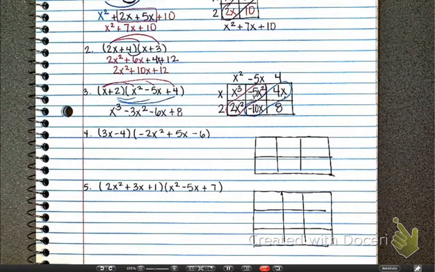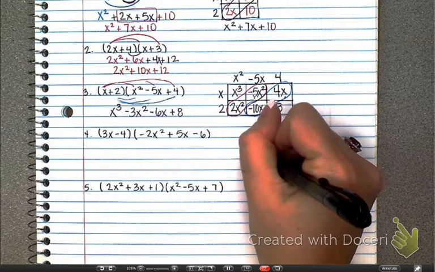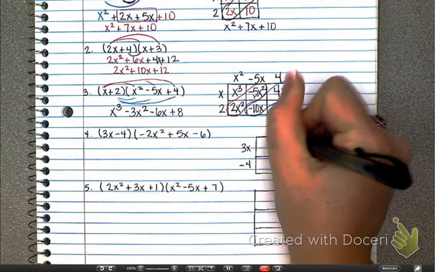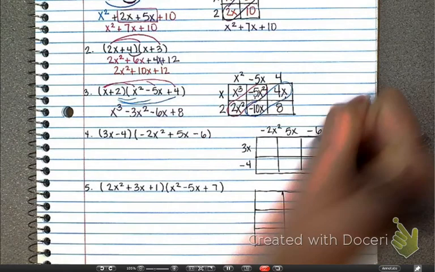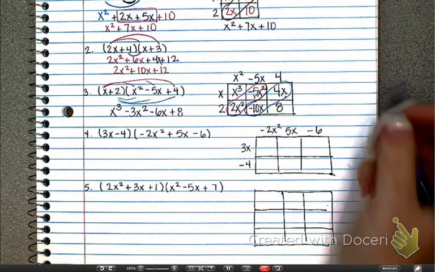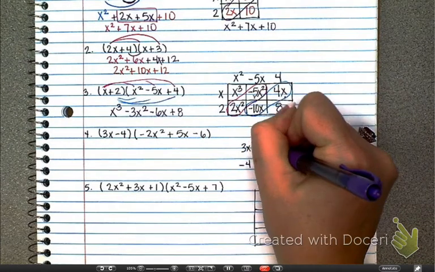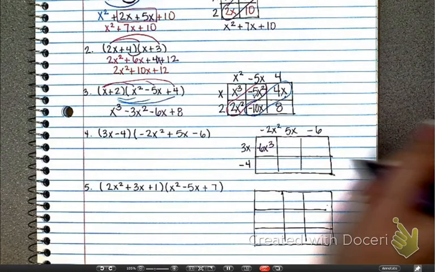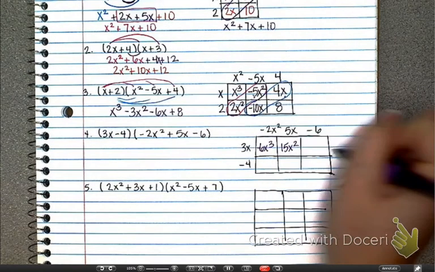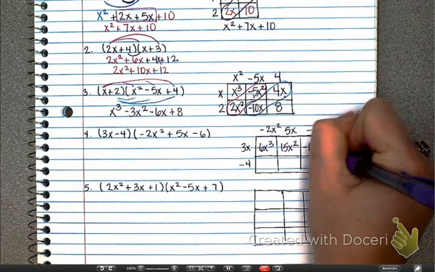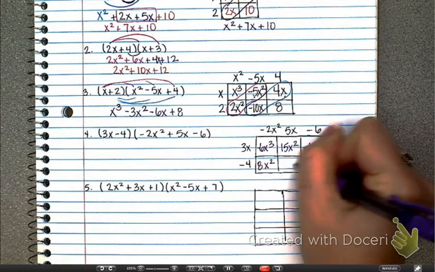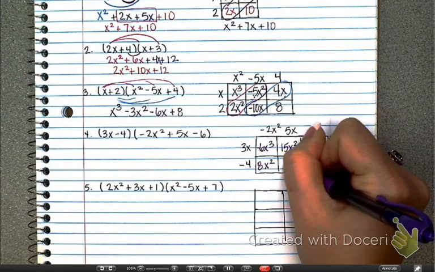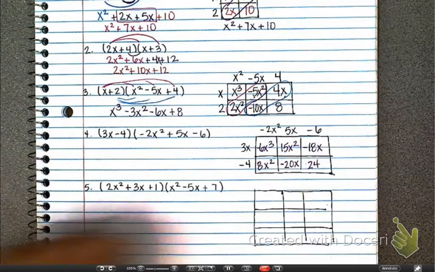Okay, let's see how you did. I'm going to do the box again. If you foiled, that's fine. So when I multiply inside my box, I get a negative 6x to the third, 15x squared and a minus 18x. I get a positive 8x squared, a minus 20x, and a positive 24.